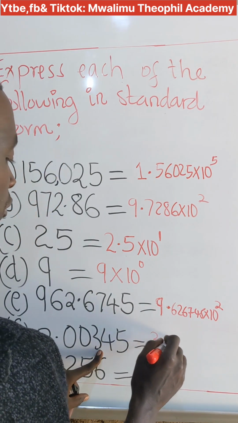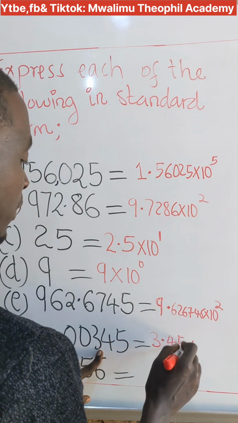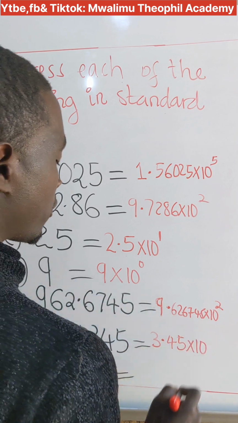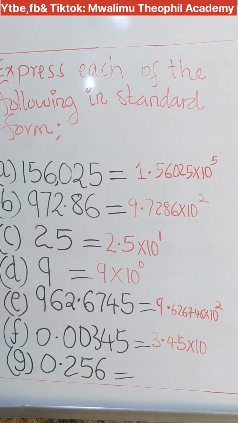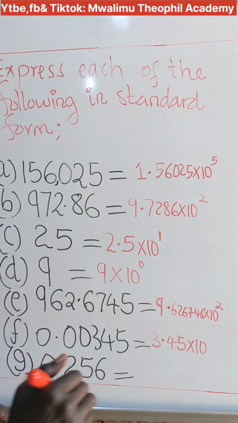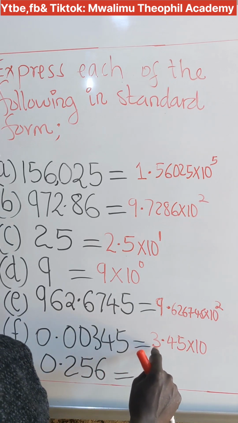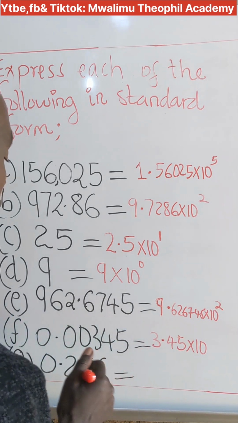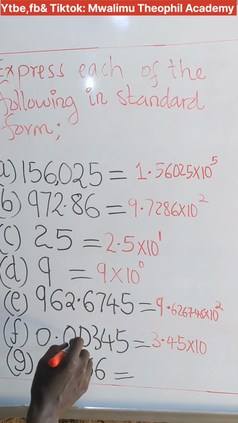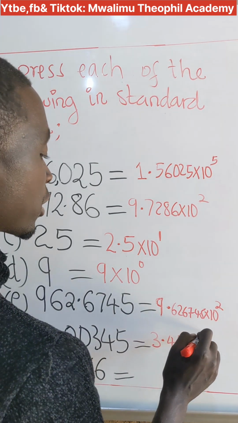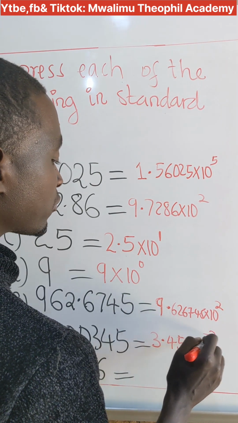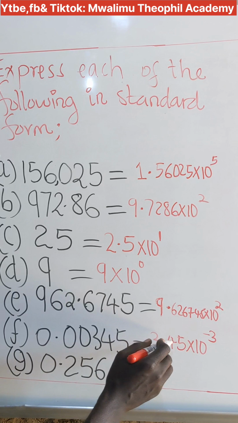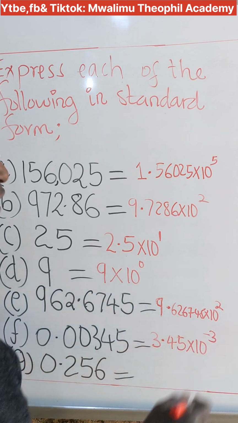We have 4, 5. After that, you multiply by 10 raised by the number of zeros before the first counting number which you have written here. How many zeros do we have? We have 1, 2, 3. So it is 3, but it is written as a negative exponent. Now it is 3.45 times 10 raised to negative 3.